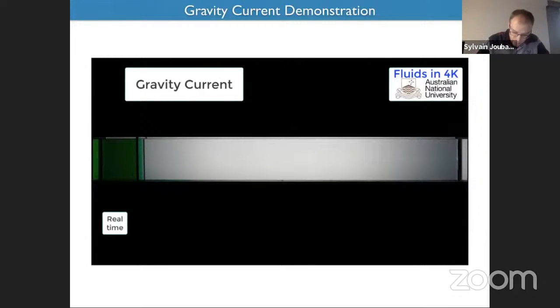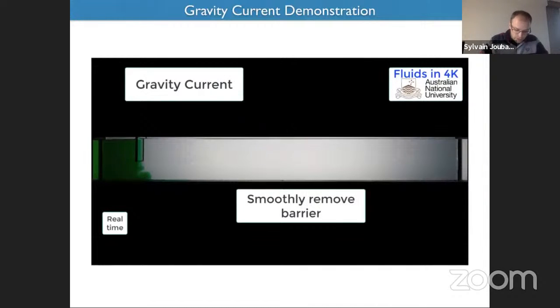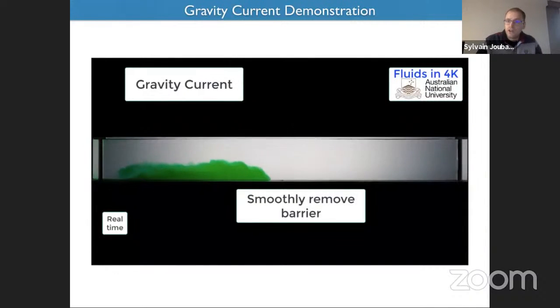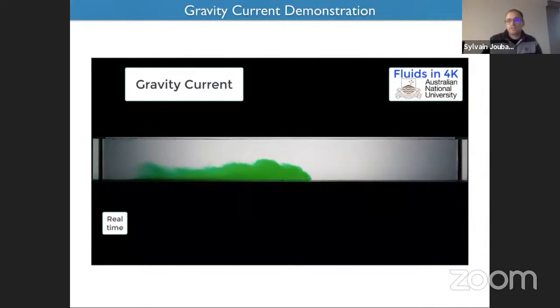This is a movie that you can find, from Australian National University. I added some dye on the left part to see the motion of the system. You smoothly remove the barrier, and as expected, the denser fluid goes to the bottom of the container, and the light fluid is above.